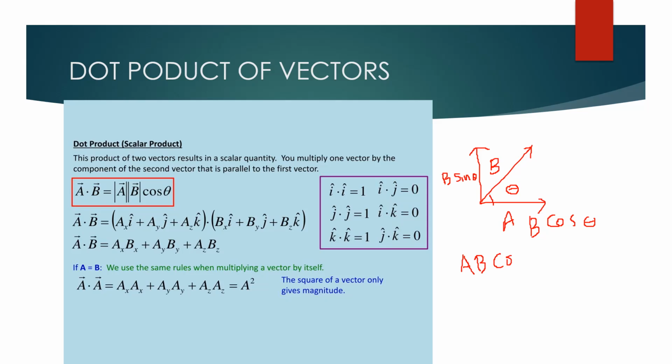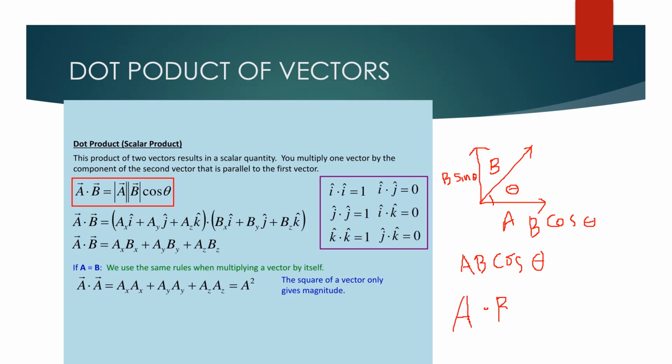And such a product is called the cross product. Not cross product. Such a product is called the dot product, not cross product. It is dot product given by A dot, there's a big dot here, and then B.